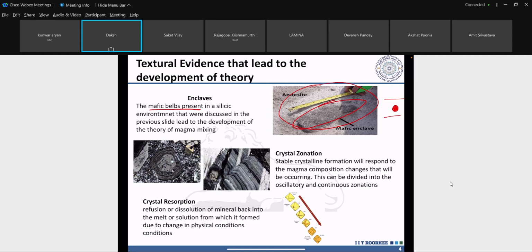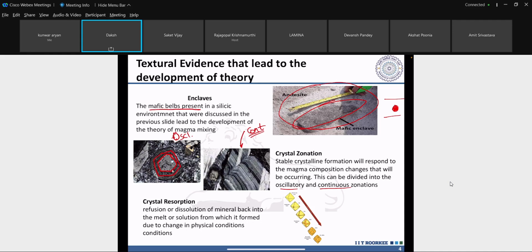Now, these zonations can be of two types, one being continuous and the second being oscillatory. This is an example of continuous zonation, and this is an example of oscillatory zonation. In oscillatory zonation we get a tree-like branching. See this?